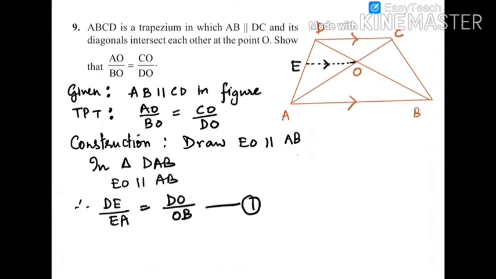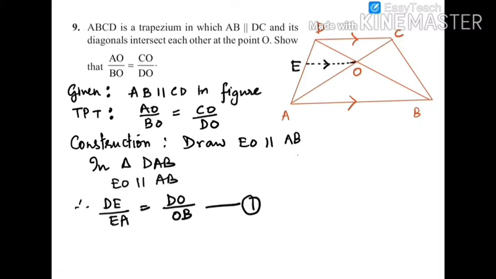Now find another triangle in which a line cuts two of its sides. So from the figure we can clearly see triangle ADC has EO cutting two of its sides, that is AC and AD. Can we say EO is parallel to DC?